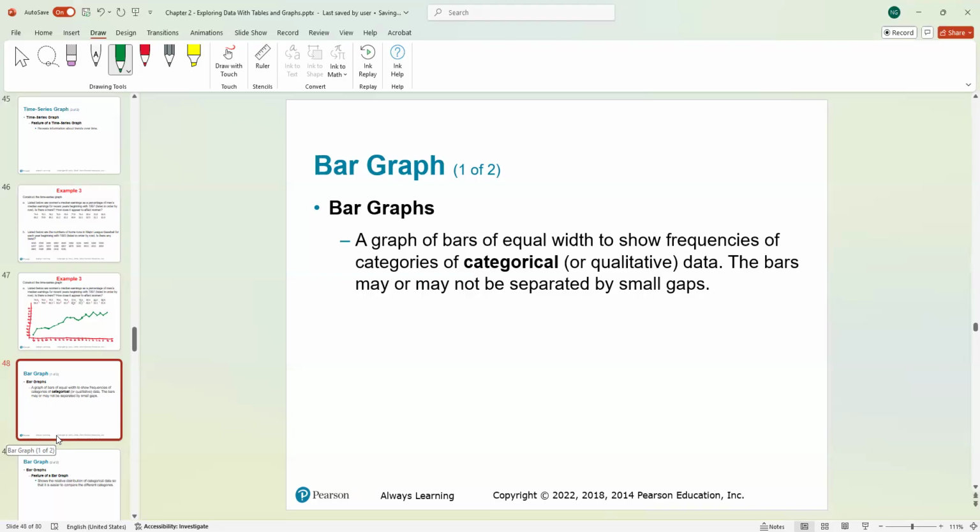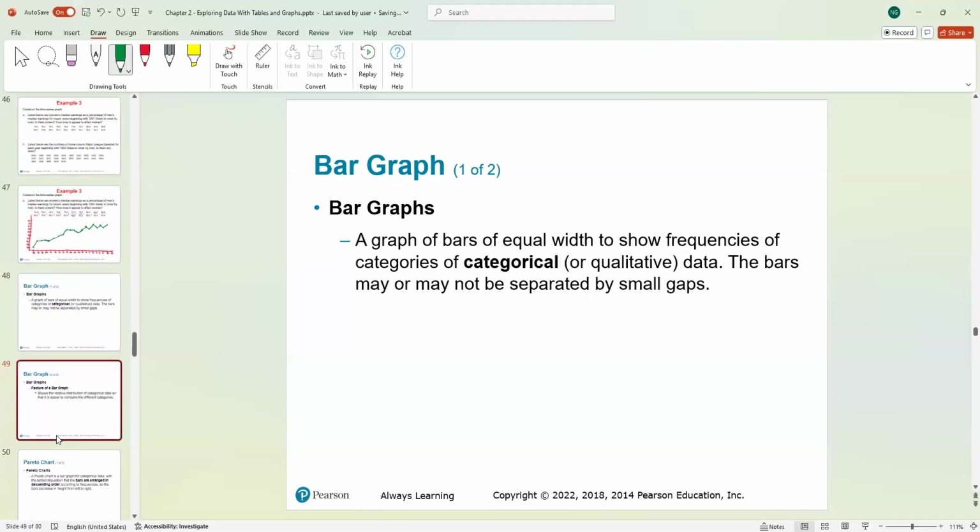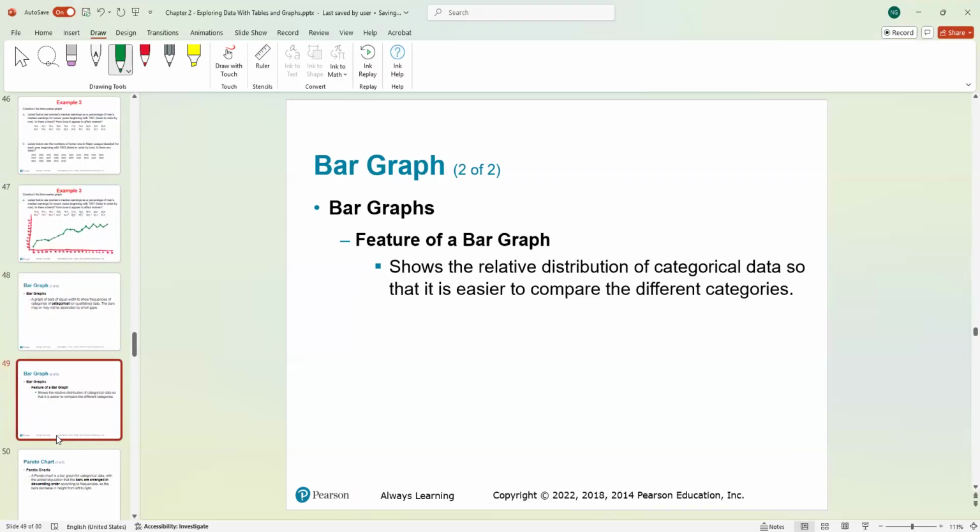The difference between a Pareto chart or bar chart and a histogram is that in a histogram, all the bars are attached to one another, but for a Pareto chart and a bar chart, there may be some gap between each bar, right? What you need to remember about Pareto graphs is that they show the relative distribution of categorical data so that it's easier to compare the differences.